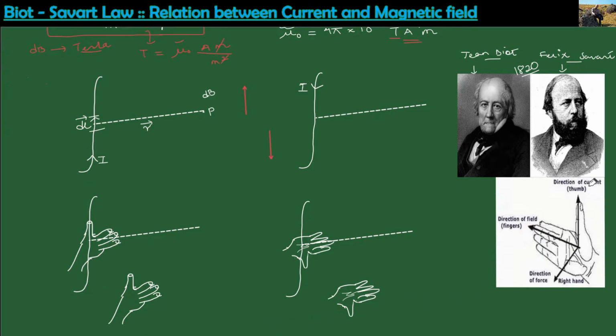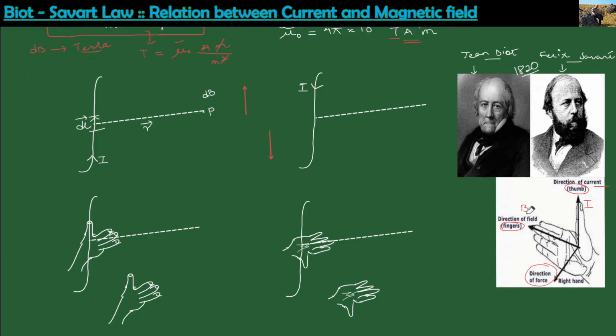The thumb will indicate the direction of the flow of current, and all these outstretched fingers will indicate the direction of the magnetic field, which will be the direction of that force.